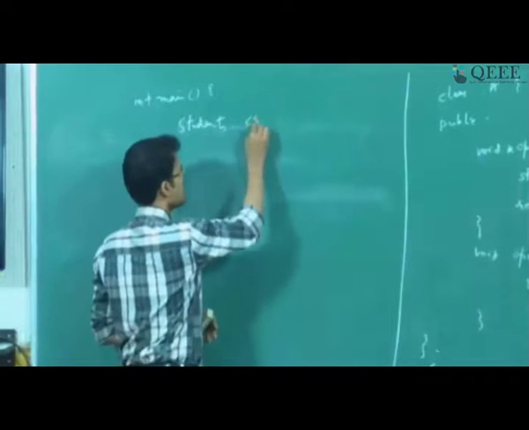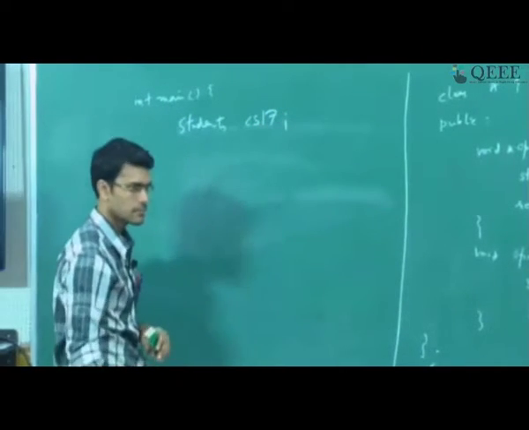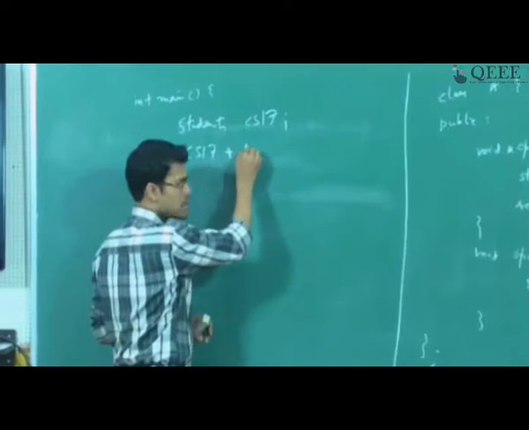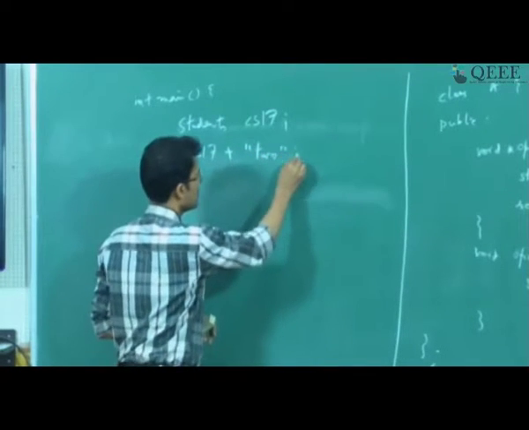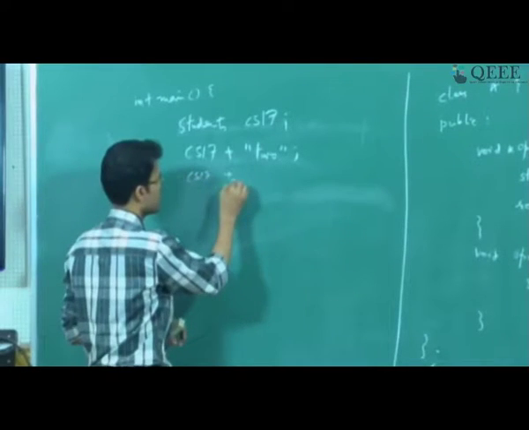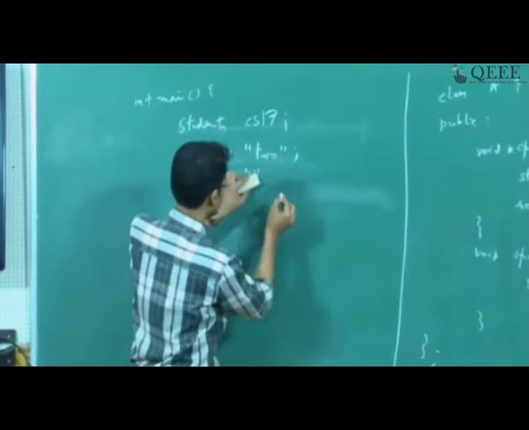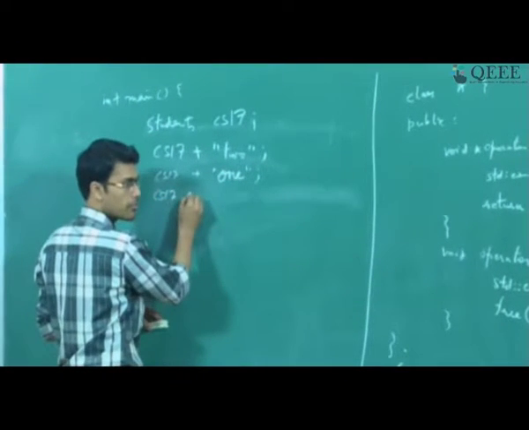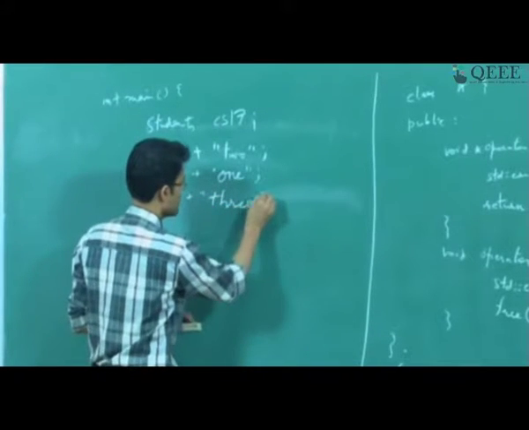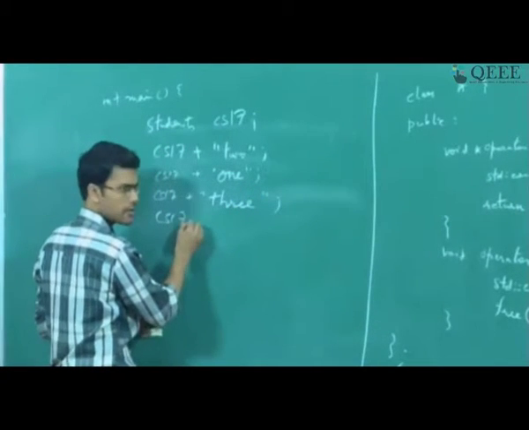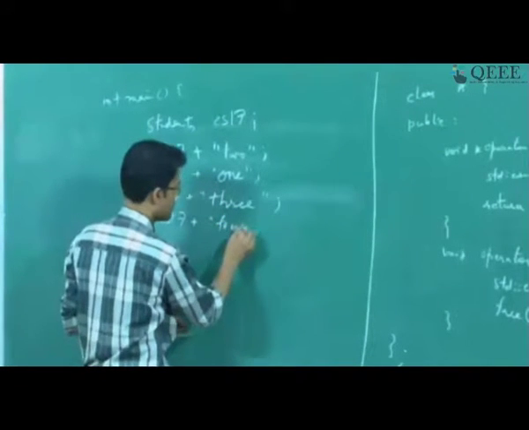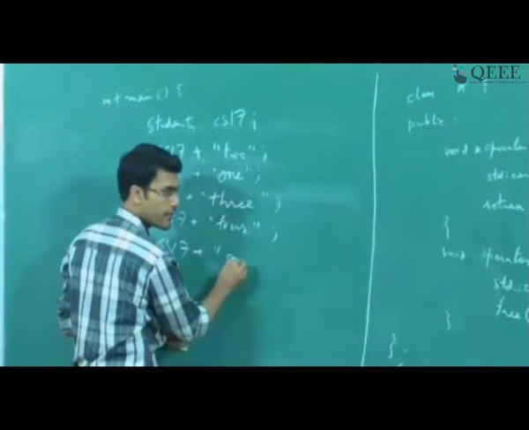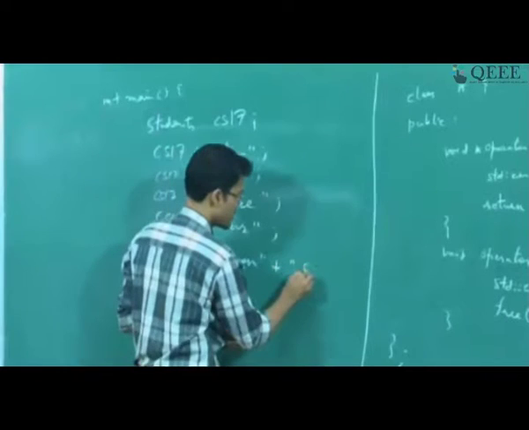maybe in a class, let's say CS17, right? And then what I have is some syntax: CS17 plus 2 and then CS17 plus 1 and then CS17 plus 3, CS17 plus 4 and CS17 plus 7 plus 6.